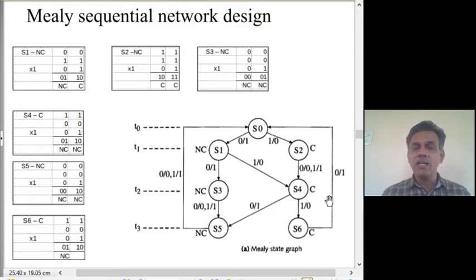That is the only thing that will decide the behavior of the machine at the time t2 when x3 comes. Everything else is immaterial. What bits actually came, how you got here, whether through this path or this path is irrelevant. The only thing that we need to remember is these two pieces of information. So S4 encapsulates that. That is why.